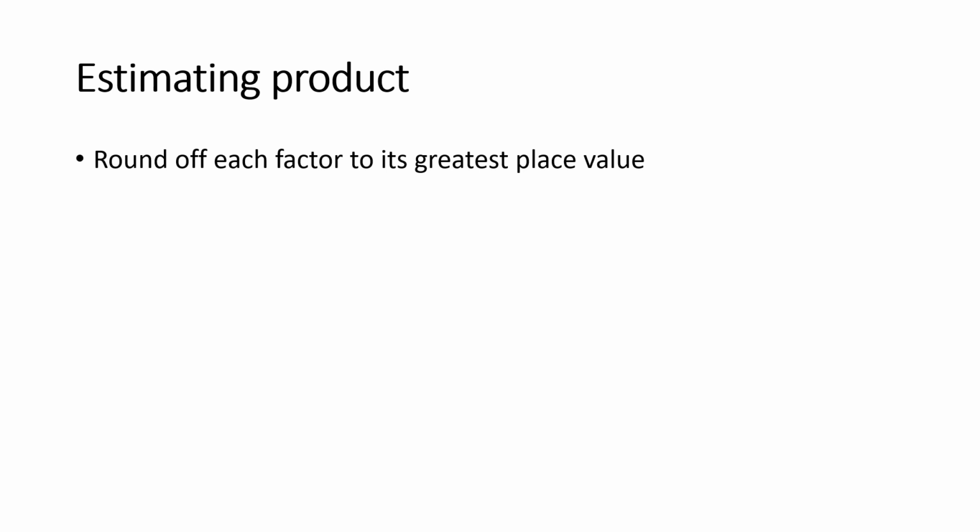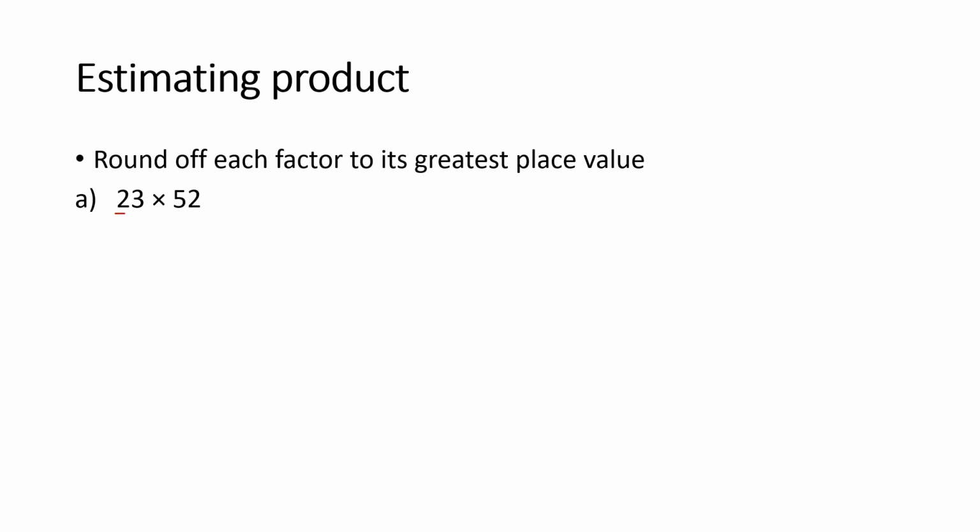Estimating product. The rule for estimating product is round off each factor to its greatest place value. How? Just see here, 23 multiply by 52. Here are two factors, 23 and 52. In 23, the greatest place is tens place, and in 52, the greatest place is also tens place.